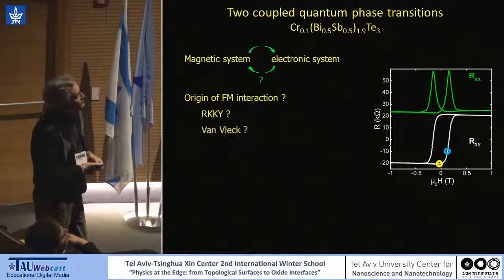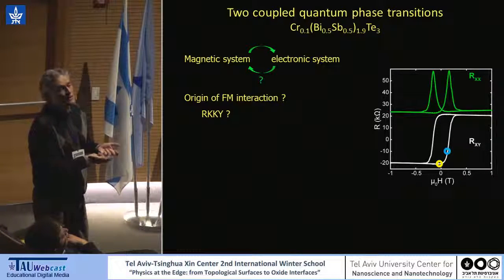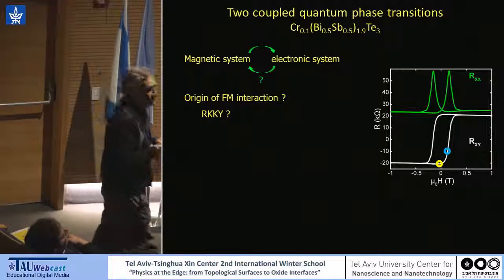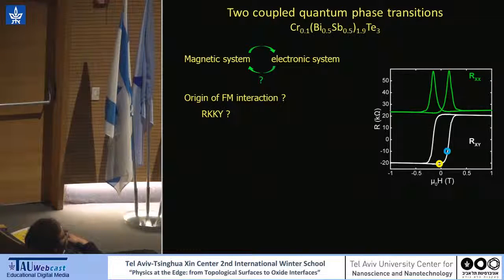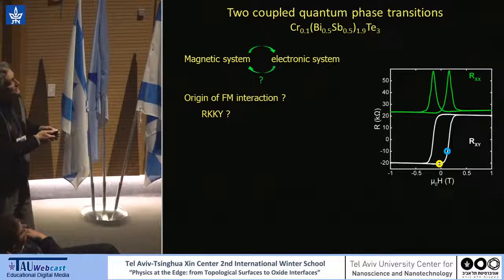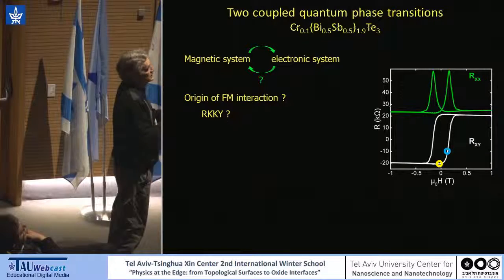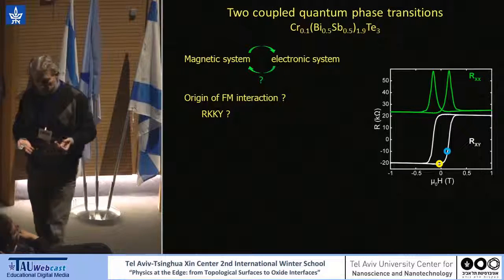Exactly. Okay, so we have to keep in mind that these are actually very dilute semiconductors, magnetically doped semiconductors. And the question is why they become ferromagnetic. So one possibility is, of course, you need some mediators. One possibility is itinerant electrons.